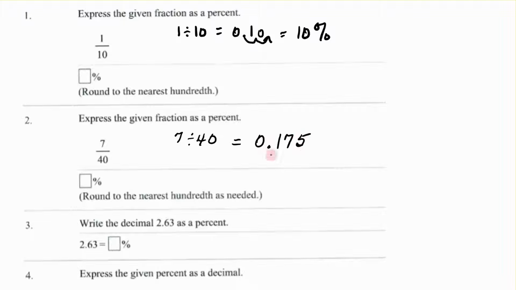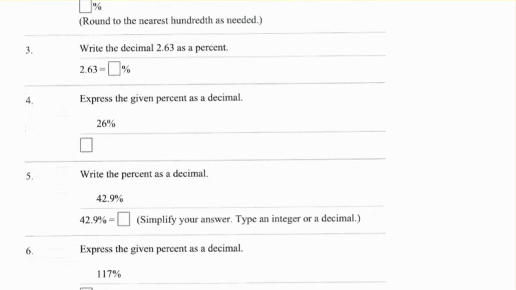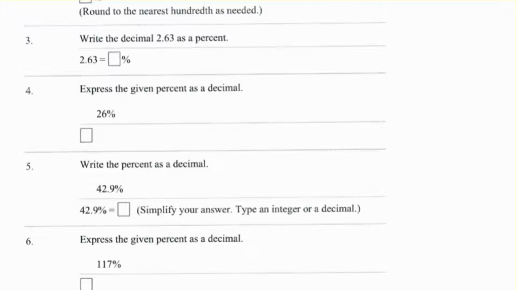Move the decimal 2 places to the right, and it becomes 17.5%. Next one. I'm writing a decimal as a percent, so I have 2.63, move it 2 places to the right, and I get 263%.